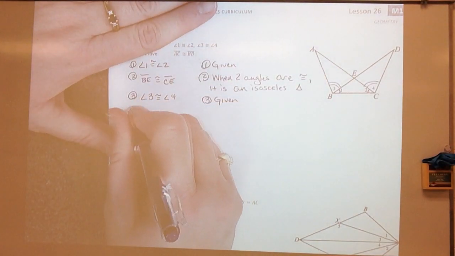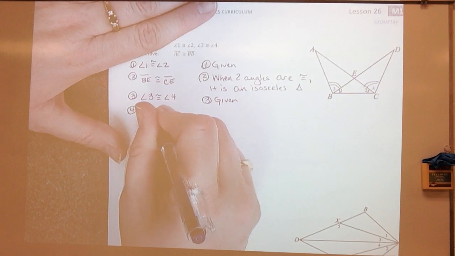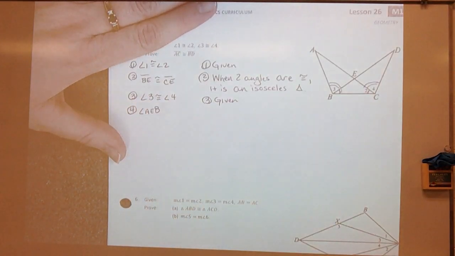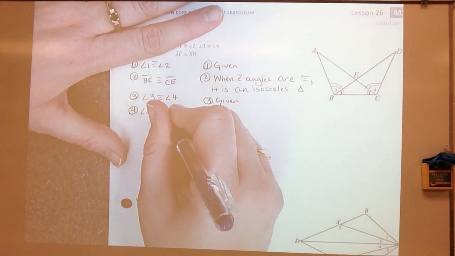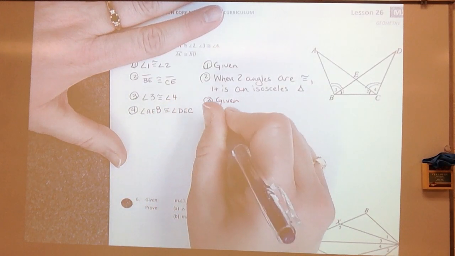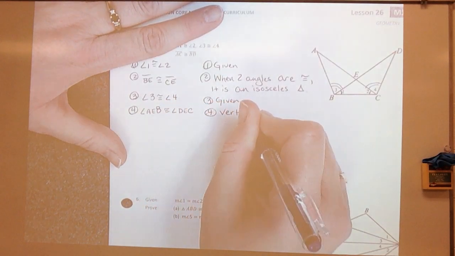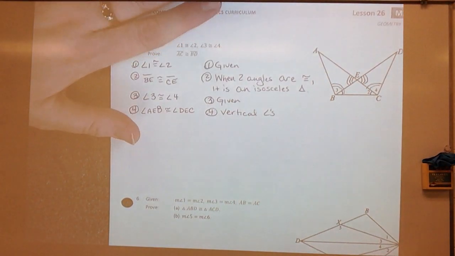So my fourth step: angle AEB is congruent to angle DEC because they are vertical angles.